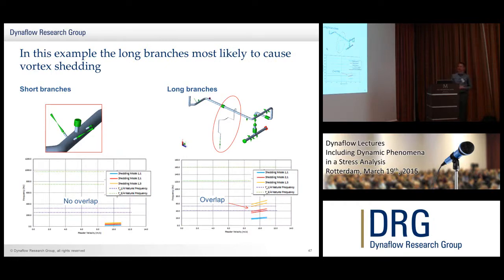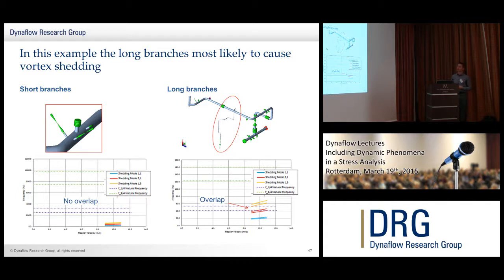What I'm going to show here is the two types we have: the short branches with the double block and bleed valves, and the longer branch. For the short branches, the natural frequency is very high, around 300 Hertz, based on the very short length of these branches and the small dome.